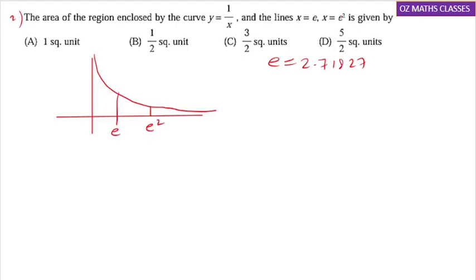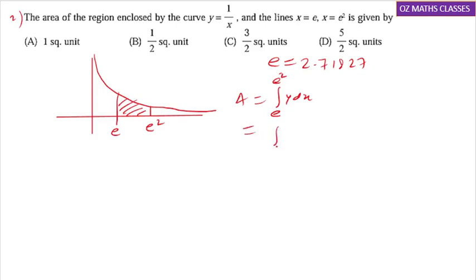Whenever two x coordinates are given, there is no need to draw the rough sketch. Directly you can write the integral of y dx, where x is moving from e to e square.